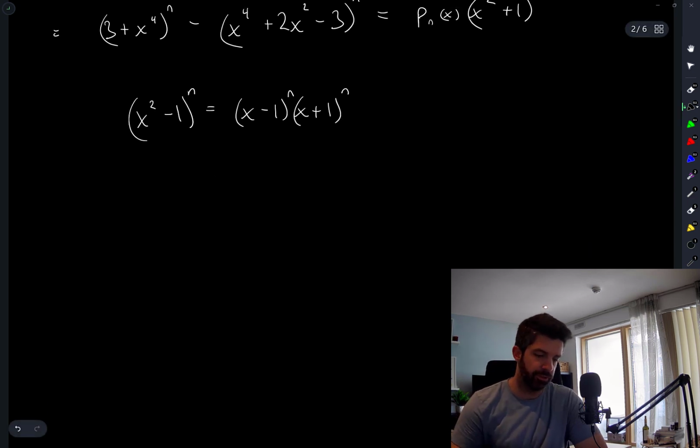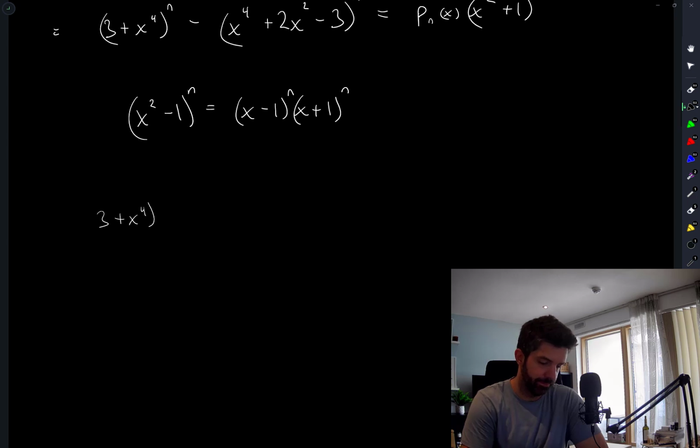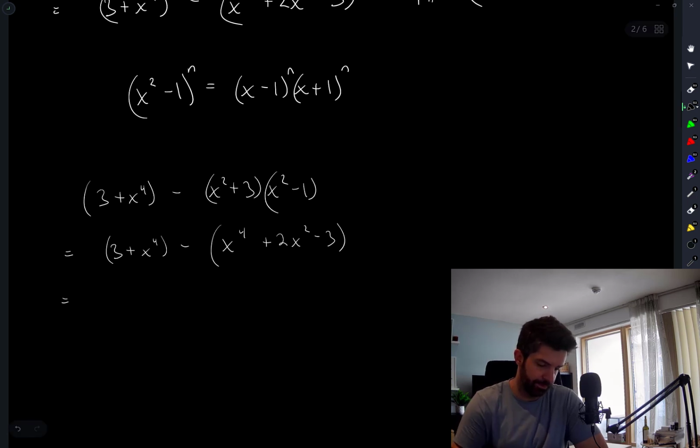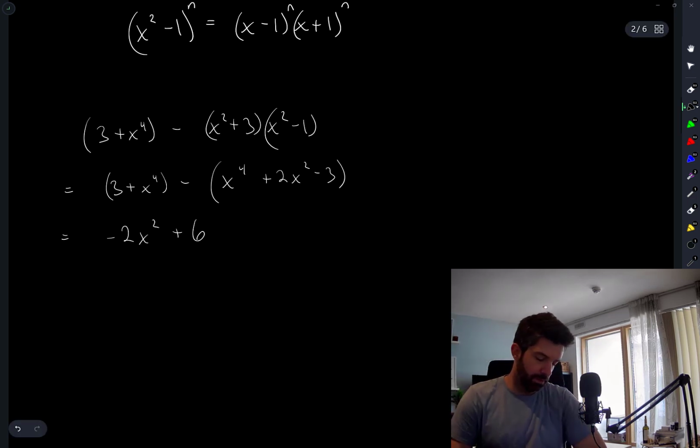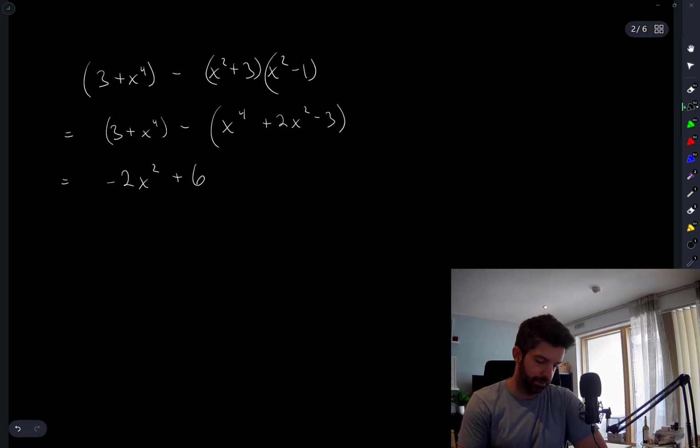Okay, let's see what happens if I just let n equal 1. So x squared plus 1 is clearly not a factor of this, right?